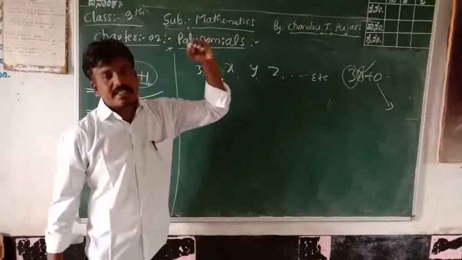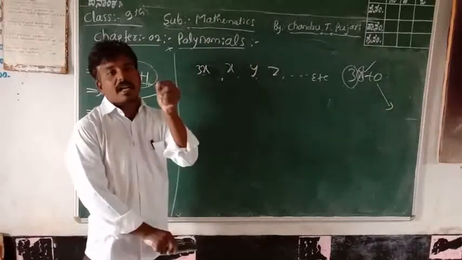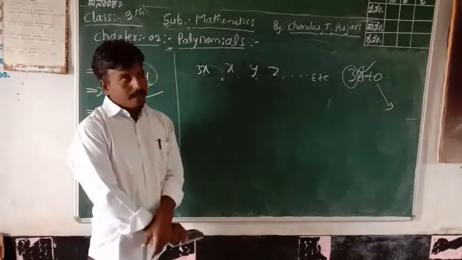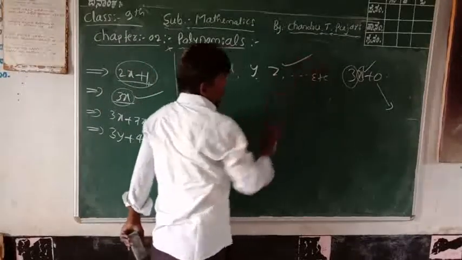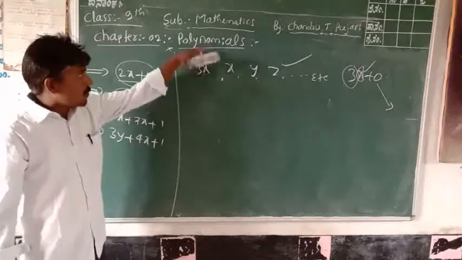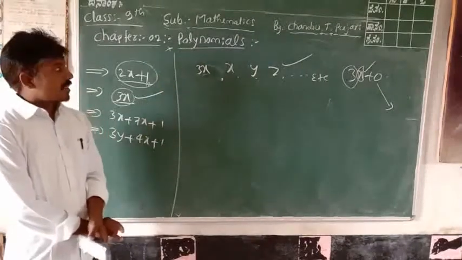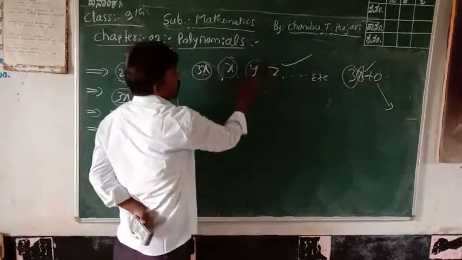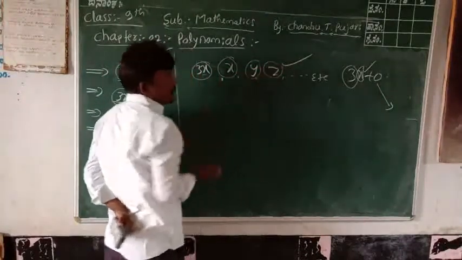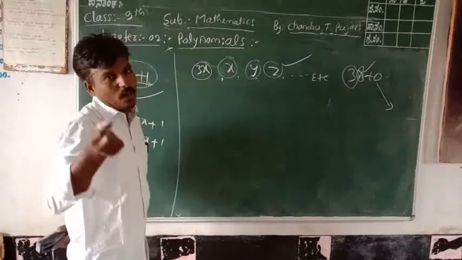All these are algebraic equations, and also these are polynomials. Now, in the algebraic equations, how many terms are here? For example, only a single term is there, only one term.